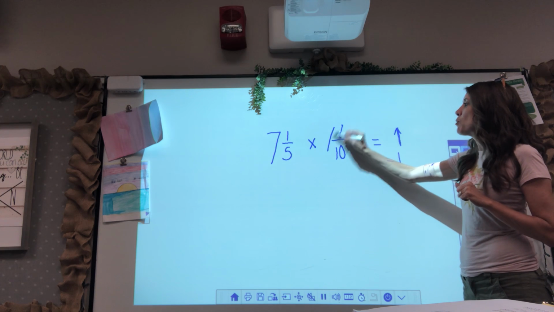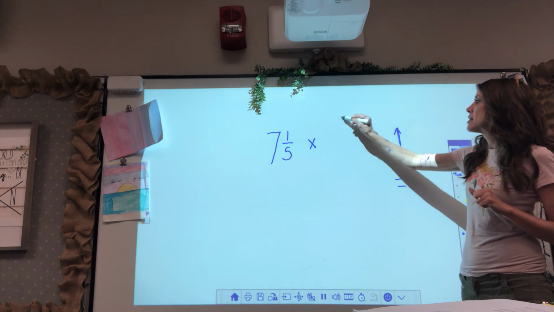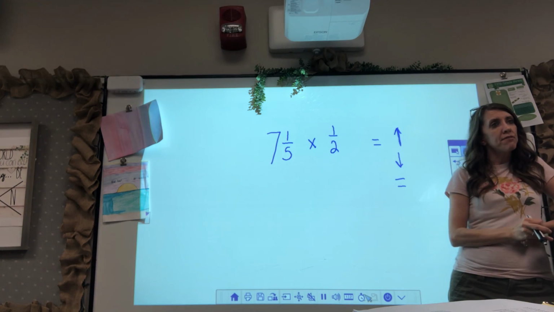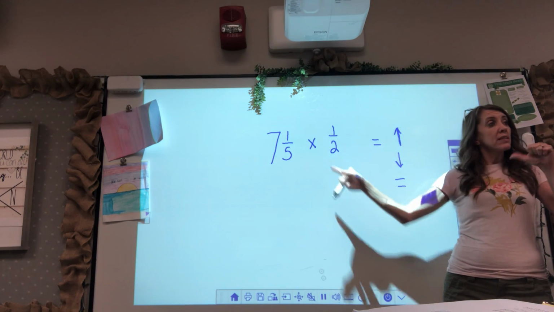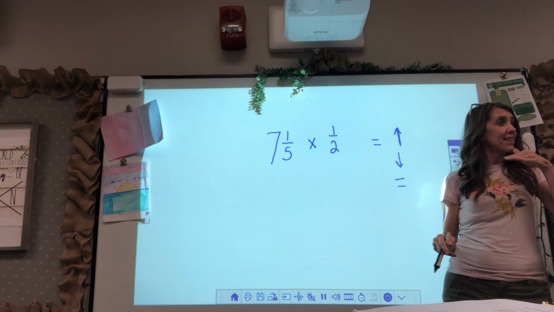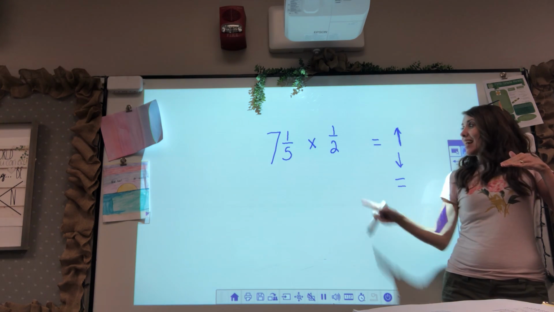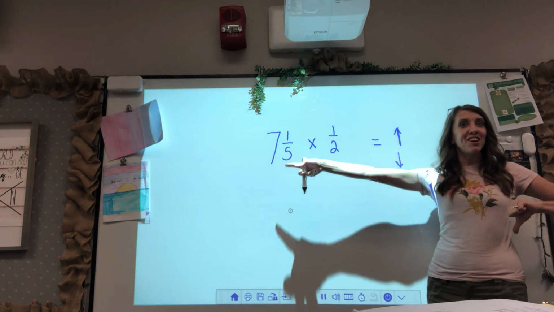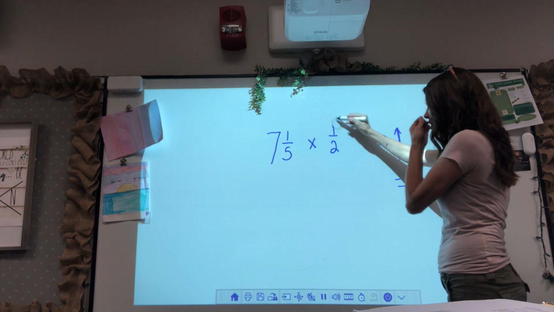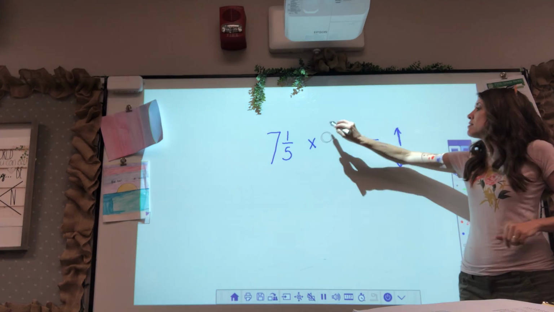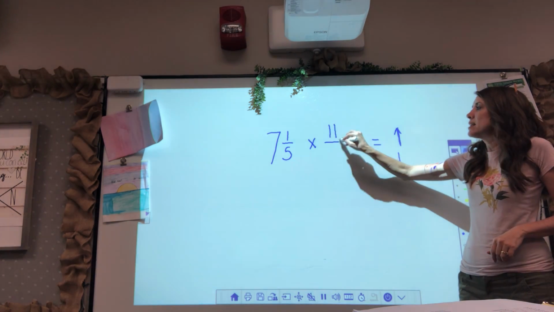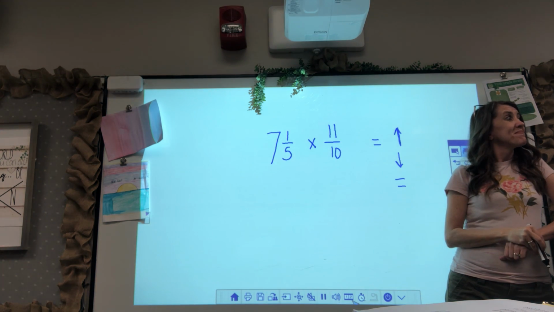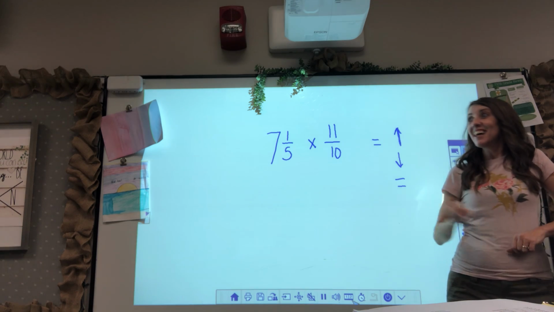How about 7 1/5 times 1/2? Greater than, less than, or equal? Any number times a fraction that's less than 1 is going to be less than the original. Less than. How about this one? 7 1/5 times 11/10. Good, okay?